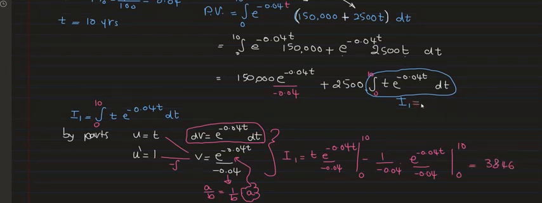which we will put here and plug in here, and then we multiply it with the 2500, and then we add this amount after substituting for the t by 10 and then by the 0. Don't forget that this amount was a definite integral from 0 to 10, so we will directly substitute the t here as well by 10 and then by 0, and we keep these constants outside.